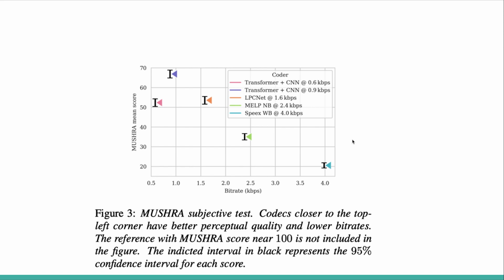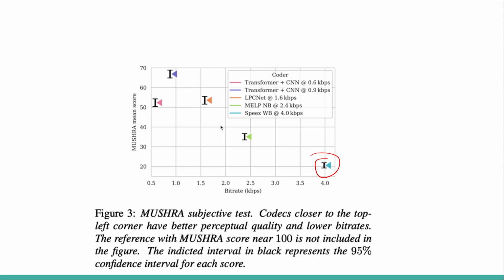And in the end, we'll see another plot which they have, which is the perceptual quality of the audio. The MUSHRA score tells how good the audio quality is. As you can see, even in the lower bitrate case, the transformer plus CNN has a very good MUSHRA score compared to the classical old codecs such as Speex, MELP or LPCNet.